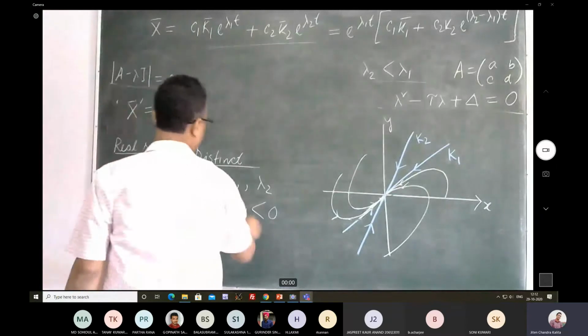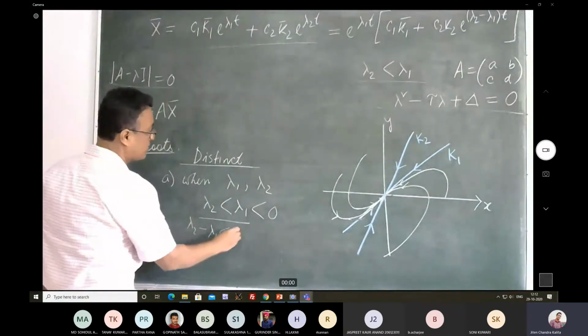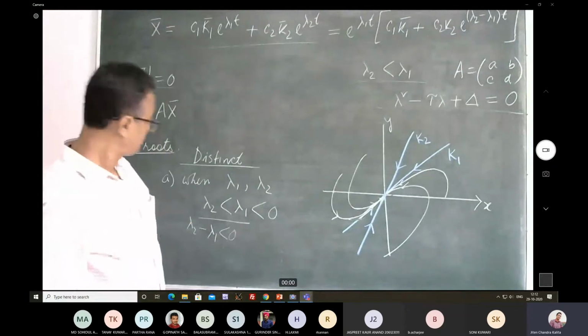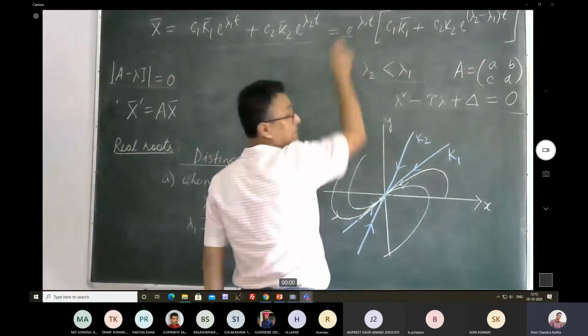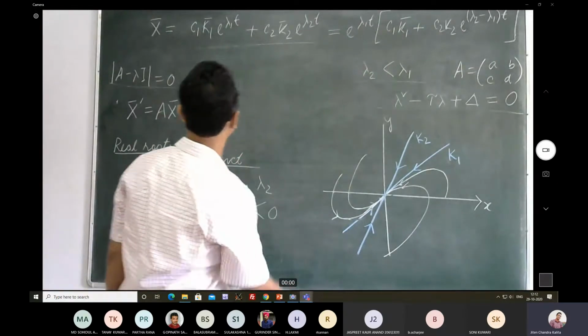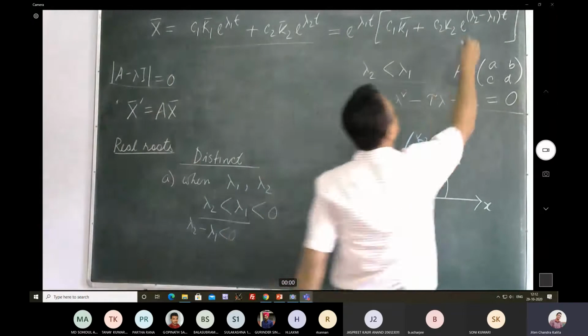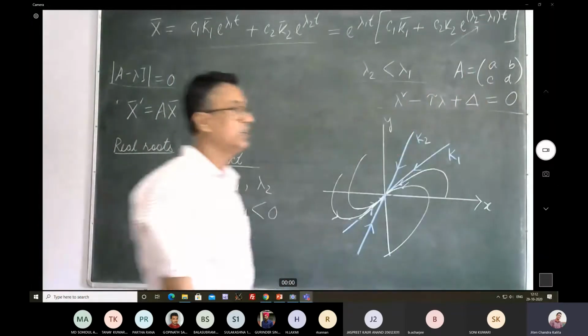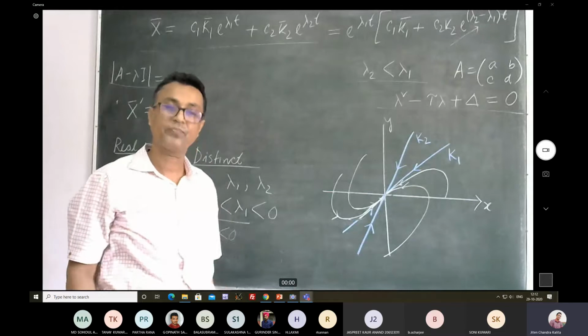From here itself, you can see that lambda 2 minus lambda 1 is always negative. So irrespective of whatever may be the sign of lambda 1 here, you know that as you let t tend to infinity, this term here is always going to approach 0. Is it okay? Fine?